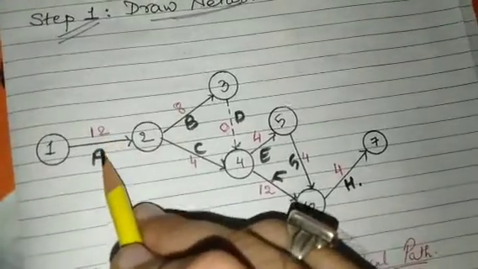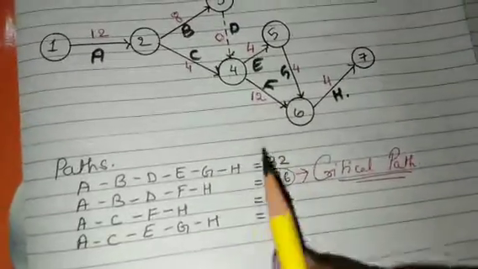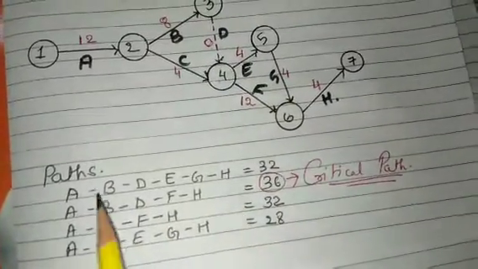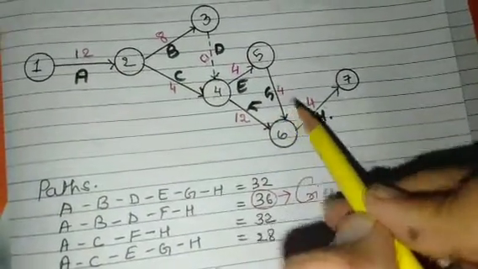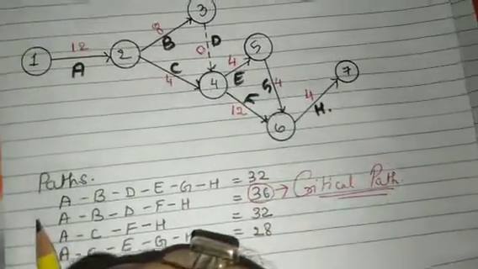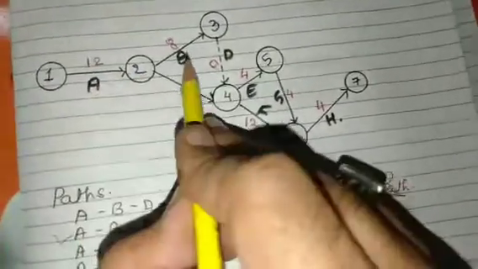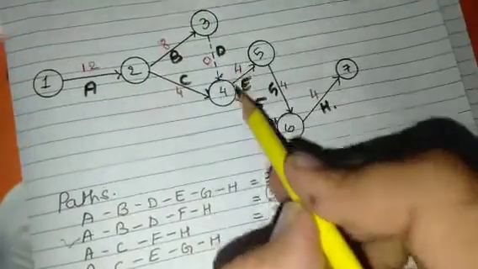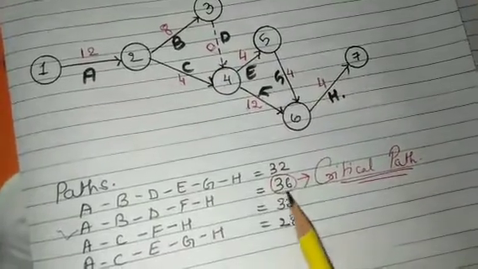For 12, the activity would be A, similarly B, C, D, and so on, and I have found all the paths, that is A to B, B to D, D to E, E to G, and G to H. In the same way I found all the paths, and this path becomes the critical path: A to B, B to D, D to F, and F to H, because it takes the longest time.